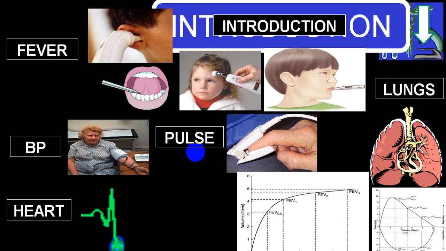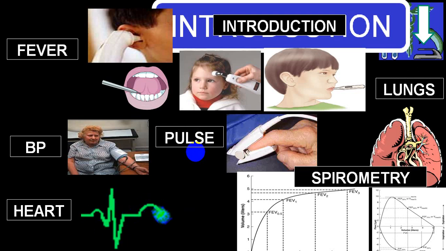And for lung, we have got spirometry, where you get a volume to a flow chart. This is volume, this is a flow chart, and here it is expiratory phase, inspiratory phase. We call volume loop chart.